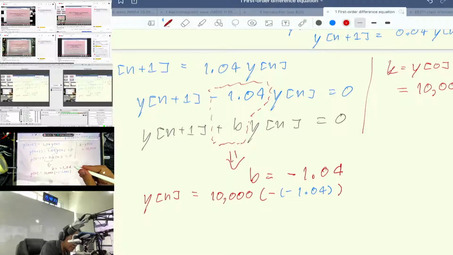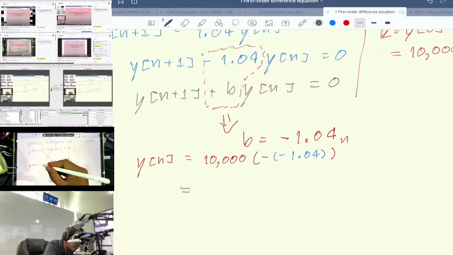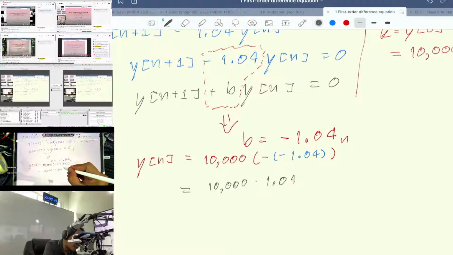And here we need to raise it to power n. So finally, this expression is equal to 10,000 times 1.04 to the n. All right.